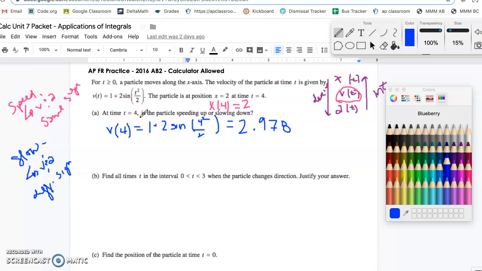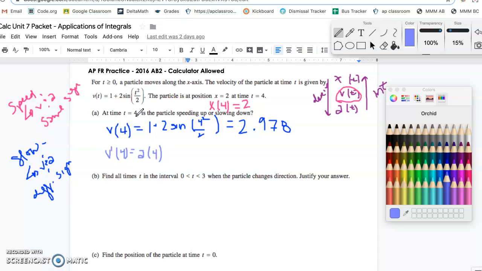And then the second thing I need to figure out is my acceleration. So my acceleration is going to be v prime, the derivative of v. So I'm going to say v prime evaluated at 4, which is the same as acceleration evaluated at 4.